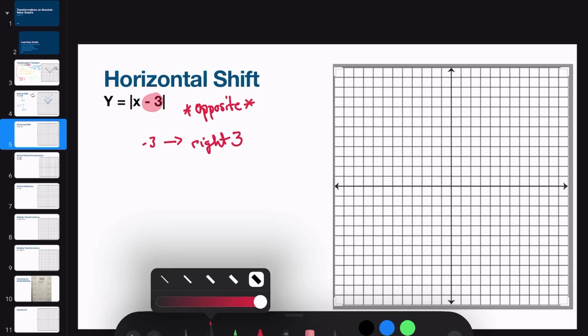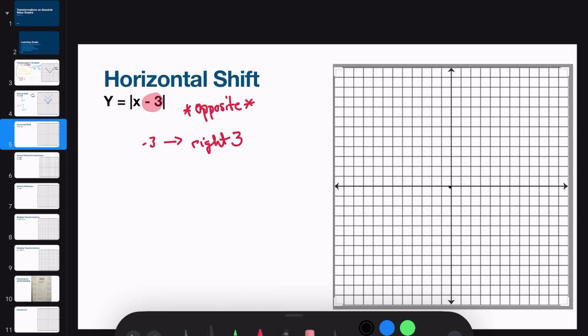But we always start, always start with your parent. Knowing what your parent function looks like, where it's at, will show a lot easier where you need to shift it to. So now what we're going to do is we're going to move every one of these points right 3. The easiest one to move and go from is taking your origin, moving it right 3, 1, 2, 3, putting it there, and then re-graphing your absolute value.